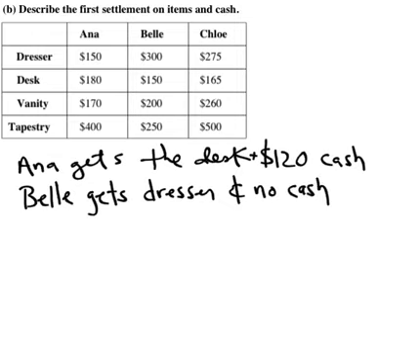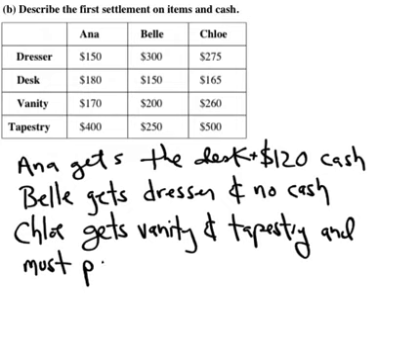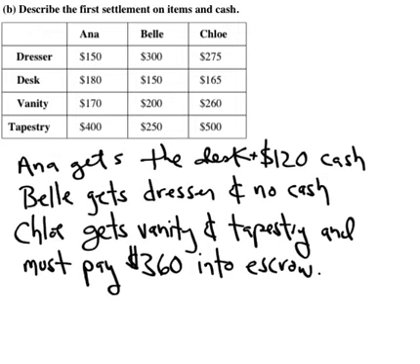And we see that Chloe, well, she gets the vanity and the tapestry, and she has to pay $360 into escrow. So that answers part B for our question.